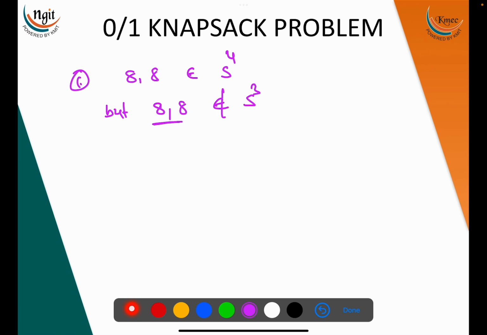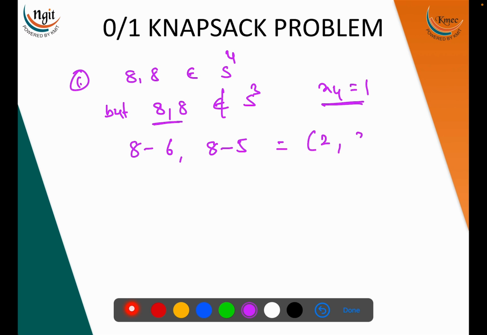So it senses that X4 item is included, not X3. Correct? Now when you place the X4 item, then what is the bag capacity and what is the profit of the bag? After you place X4, that is (2,3).